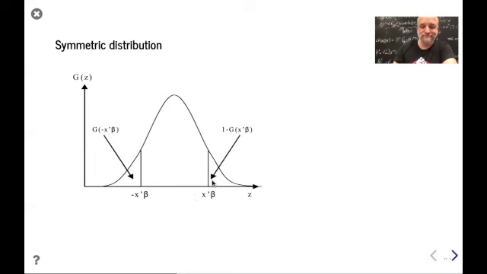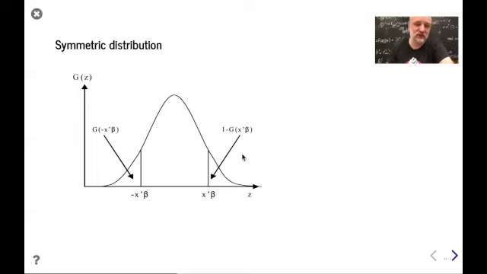Because what is all this area over here? Well, that's G of x beta, right? That's the probability that epsilon is smaller than x beta. Okay, so to get the probability that it's bigger than x beta, well, then you have 1 minus that.